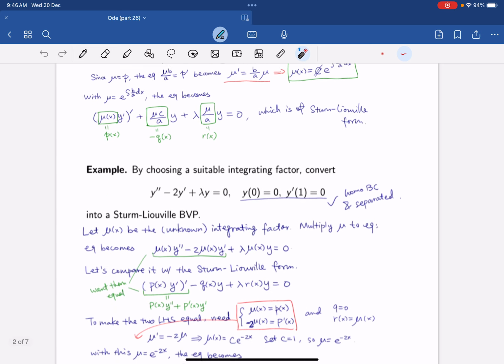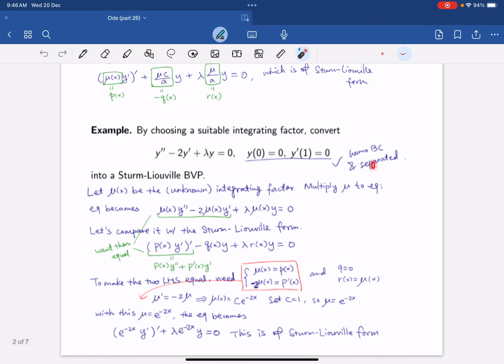So now we see an example, so we don't need to really memorize it. You just need to multiply the equation, compare it with the Sturm-Liouville form, and then we can see what we want. We want mu(x) to equal p(x) and minus 2 mu(x) equals p prime(x).